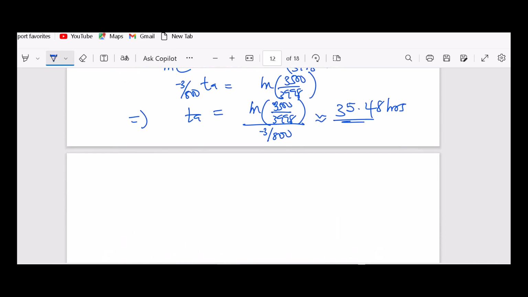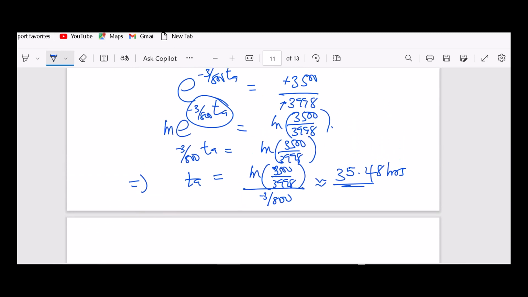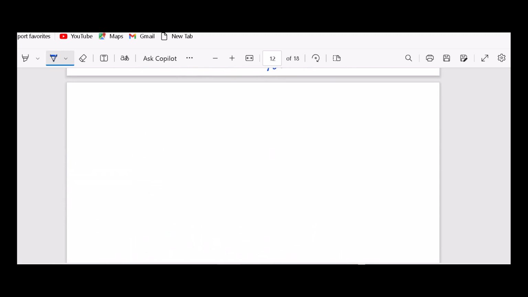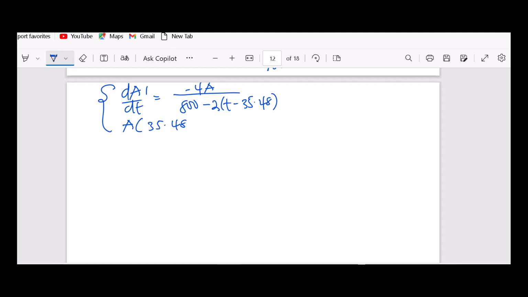Okay, so right now we can then go back and write the IVP, which will now be dA1/dt equals negative 4A over 800 minus 2 into brackets T minus 35.48, like this. Then at A of 35.48 we have 500 ounces, like this.